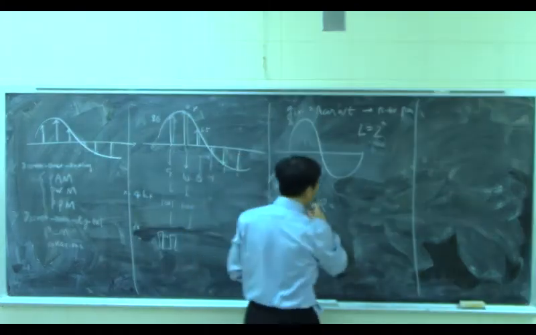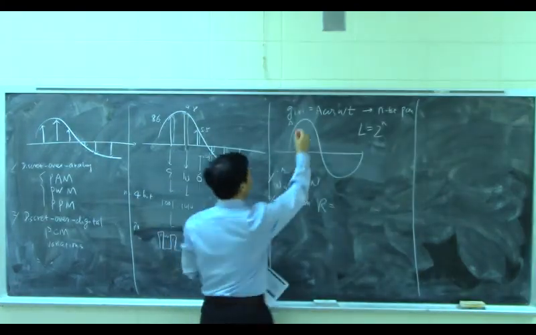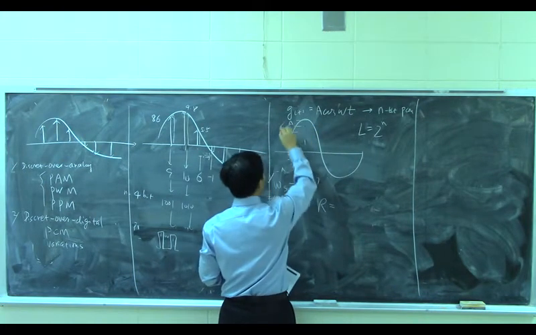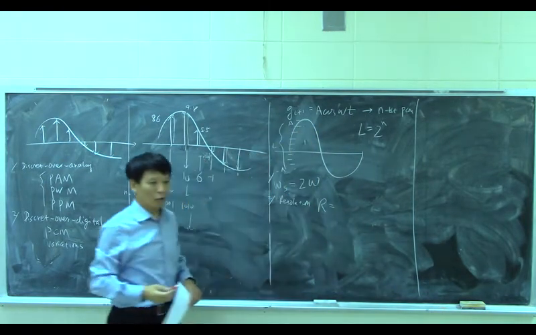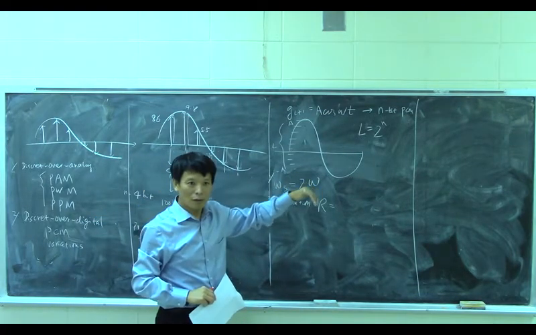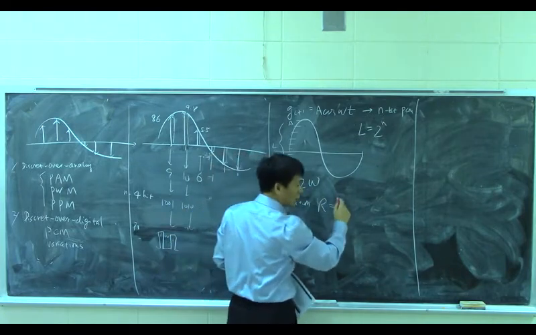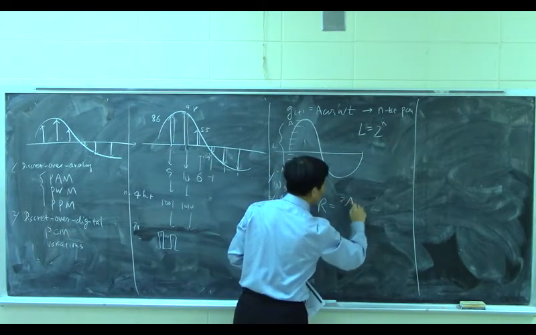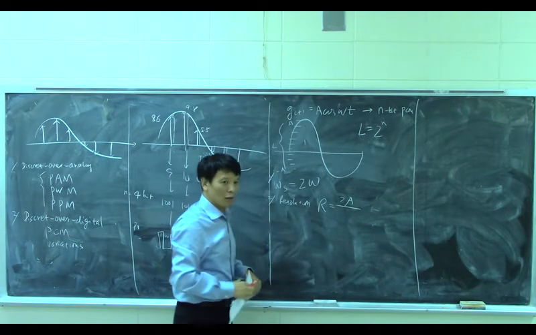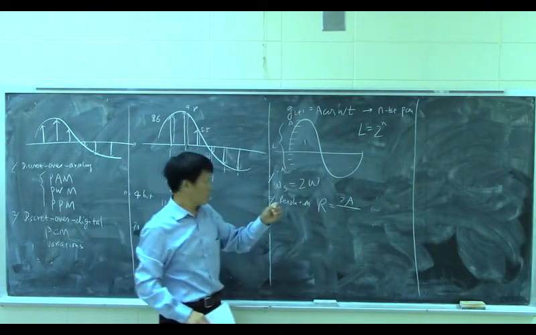So what is the resolution? Like this one, 1, 2, 3, 4, 5, 6. We have a total of L different numbers. The total length from negative a to positive a is 2a, divided by, here, there's a little variation.